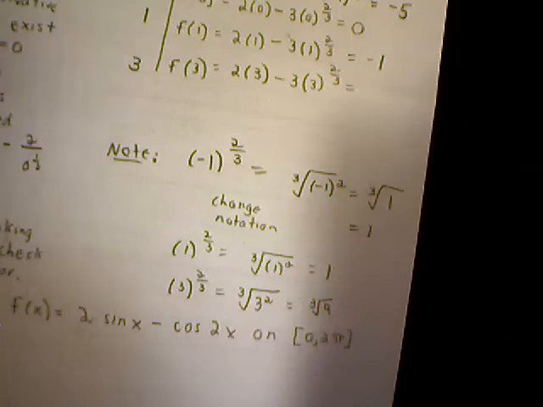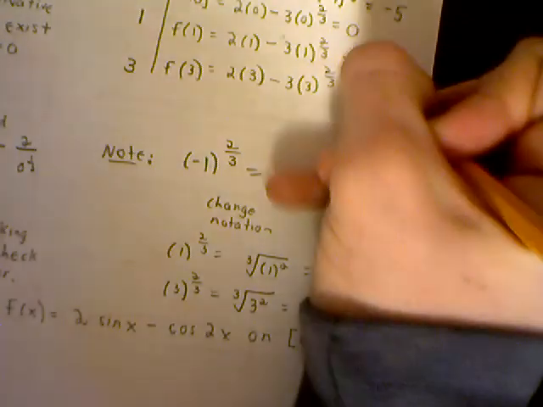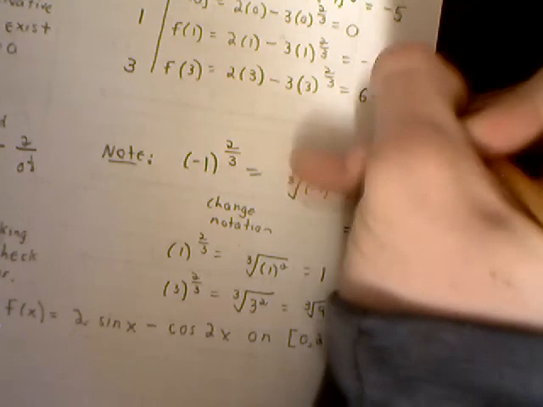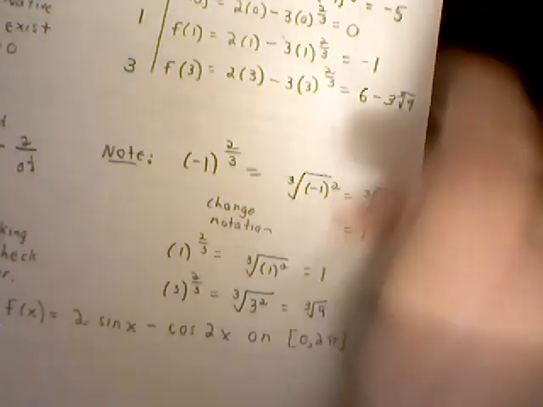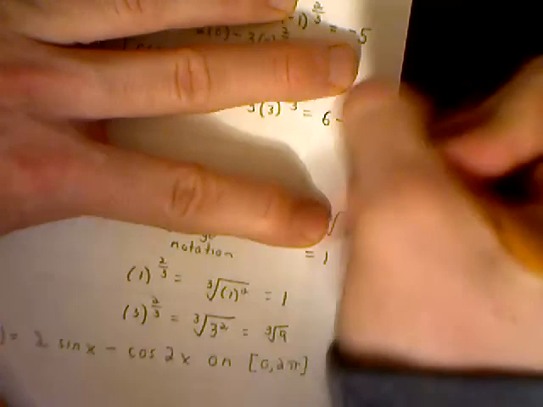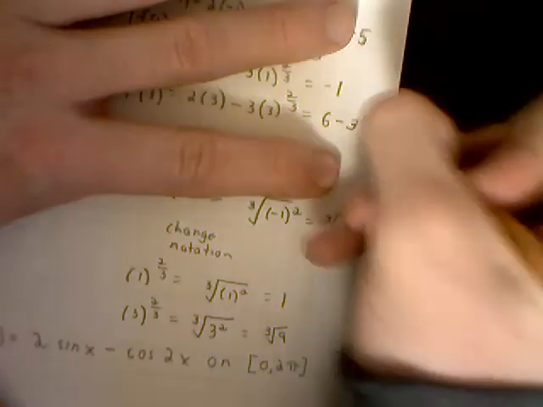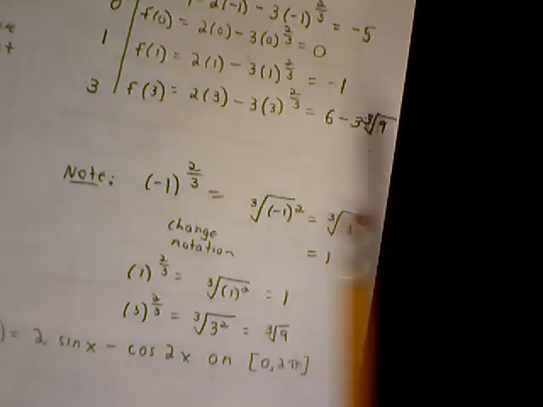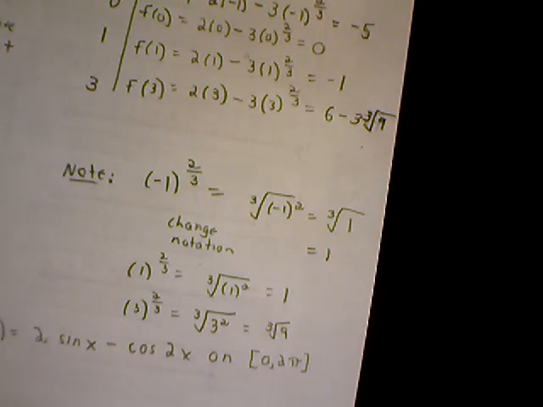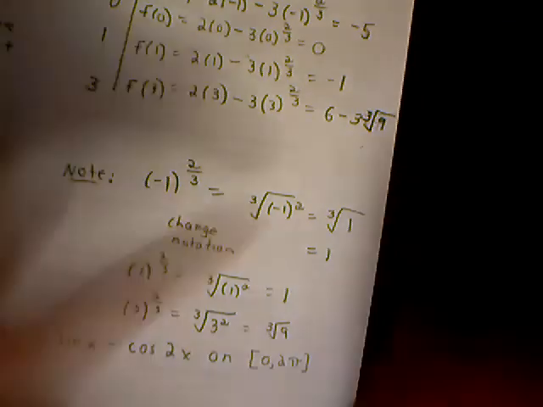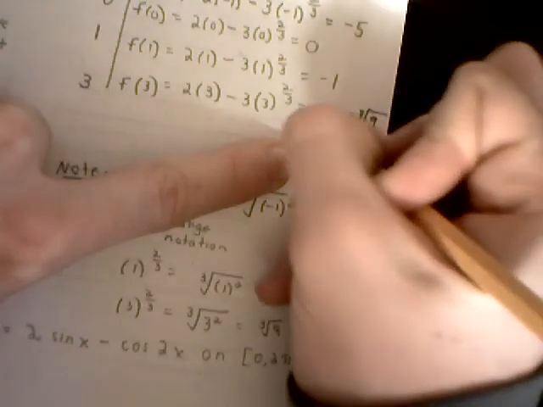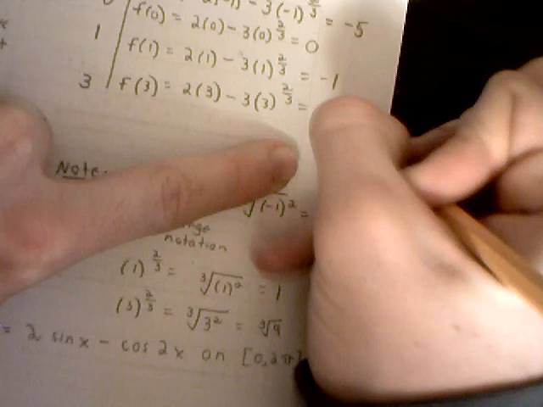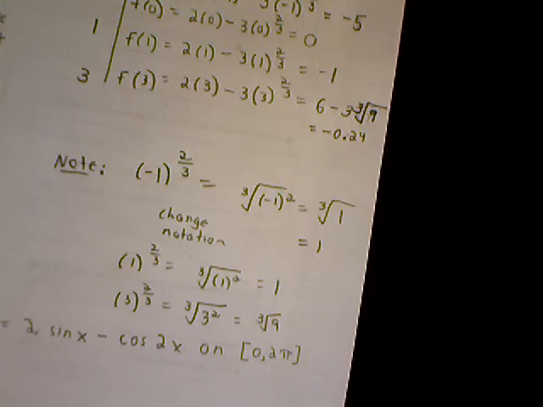We can't simplify that, so this just becomes 6 minus 3 cube root of 9. The 3 stayed right there. If you simplify that, you get approximately -0.24. Now we can go through and look for our maximum and minimum values.